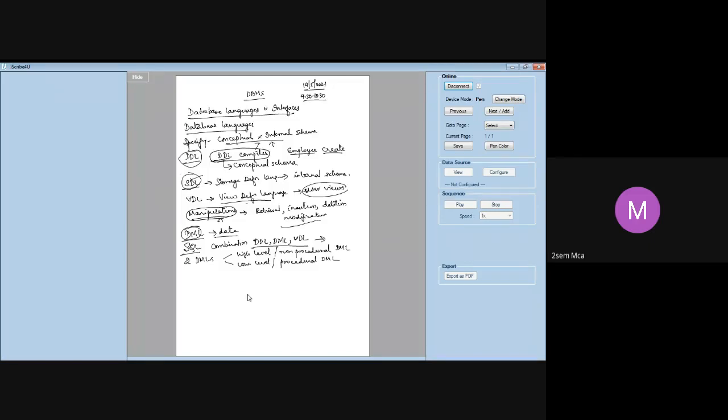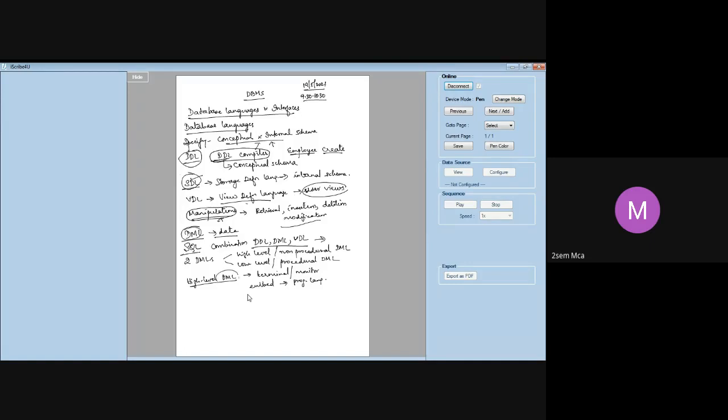Now, this high level or the non-procedural DML, what does it do? You can either enter the DML statement through your terminal or your monitor, or you can also embed your DML statements in any of the high-level programming languages like C, C++, Java.